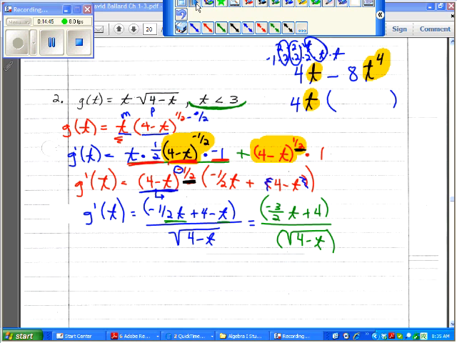We could say, well, I don't like a fraction up there, right? So if I don't like that fraction, I could multiply by 2 here, and multiply by 2 here, and I can take that fraction out of there. And that would give me a negative 3t plus 8 over 2 of those on the bottom.